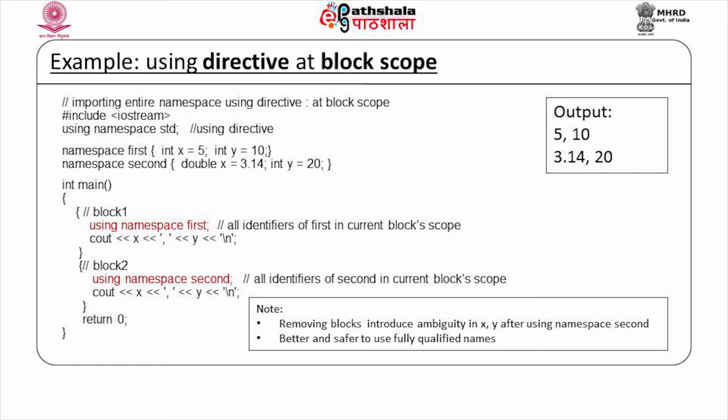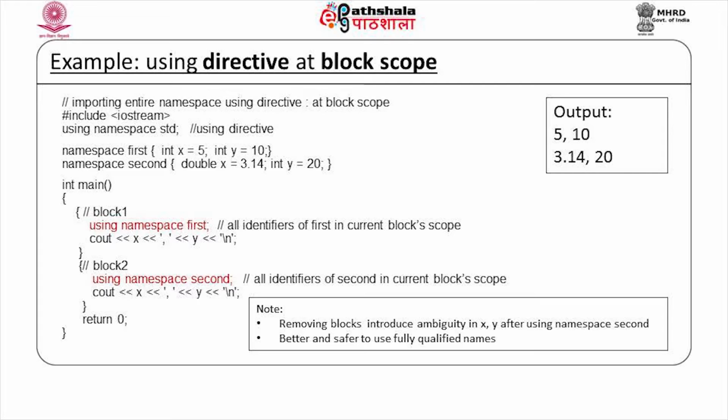Now, if we remove the blocks from here, that means using namespace first and using namespace second will be in the outer block of main itself, what will happen in this case? Because now x and y of first are also in the scope of the outer block, and x and y of second are also in the outer block. So, within the same block we have x, y, x, y.